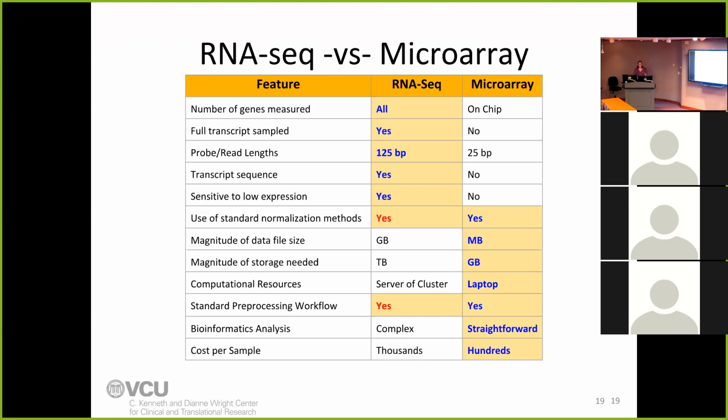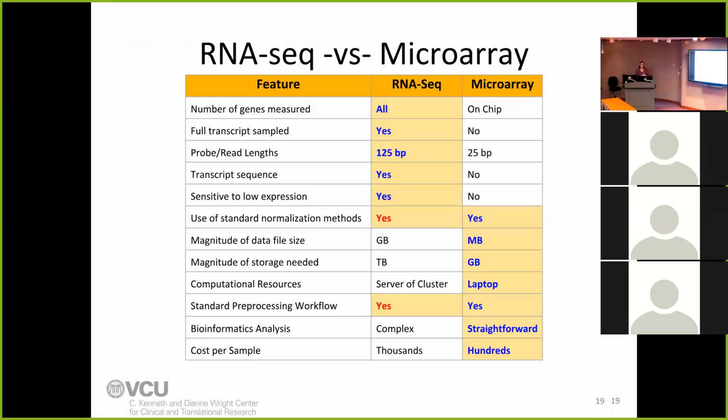And the two red yeses in the RNA-seq column, I just put those in there this year. They weren't there last year because the methods to process sequencing data are becoming more and more standardized over the years. You start to see the same pipelines and publications. And so the bioinformatics part is becoming, I think, more standardized.